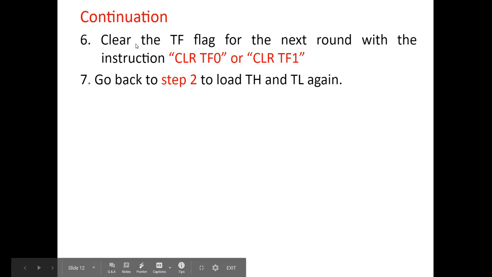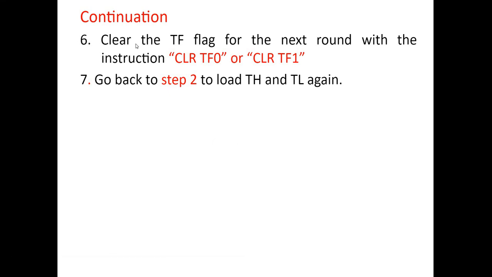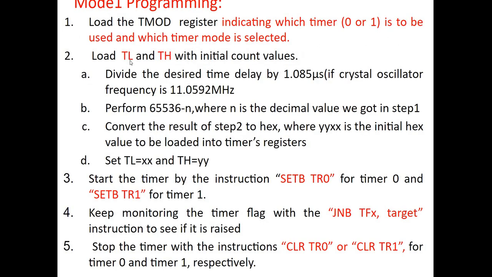Next, if you want to repeat the loop, then we need to clear the TF flag using the instructions CLR TF0 for timer 0 or CLR TF1 for timer 1. Then we go back to step 2 to load the TL and TH registers.